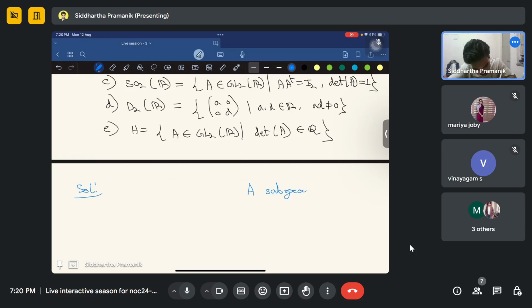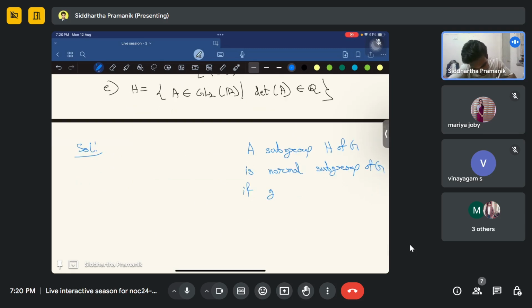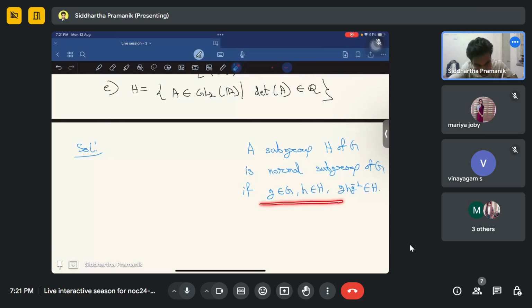So a subgroup H of G is a normal subgroup of G if whenever g belongs to G and h belongs to H, that will imply g h g inverse must be in H. So if this condition is satisfied for all g in G and h in H, then your H is a normal subgroup.